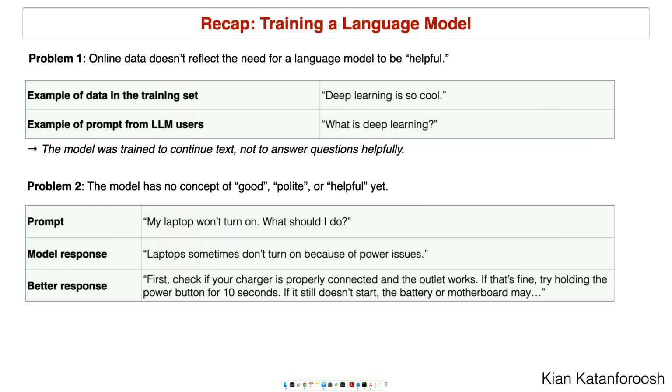And in fact, a better answer would have been, check your charger if it is properly connected or the outlet works. If that's fine, try holding the power button for 10 seconds. If it still doesn't start, the battery or motherboard may be faulty. That's a better answer. That's what you want a language model to do nowadays. The model can give you factual text because that's what it's been trained on, but it doesn't understand being helpful or having an answer that looks like a human-like answer.